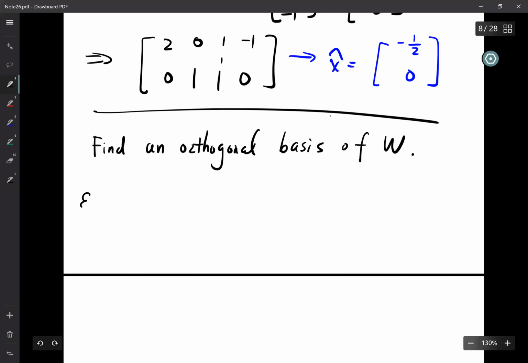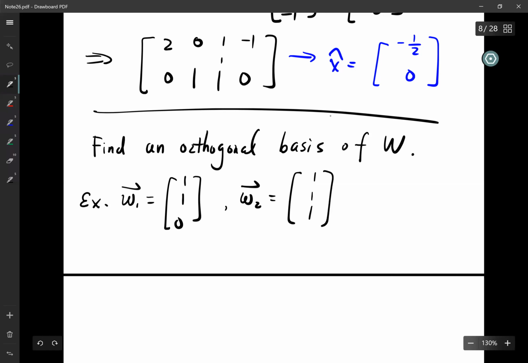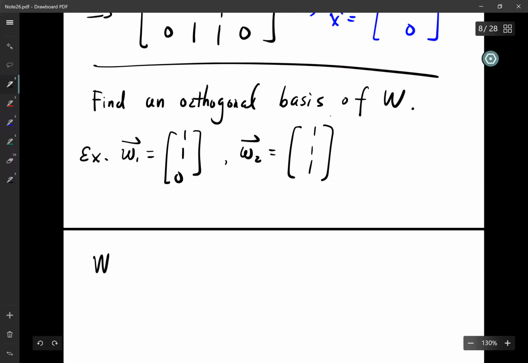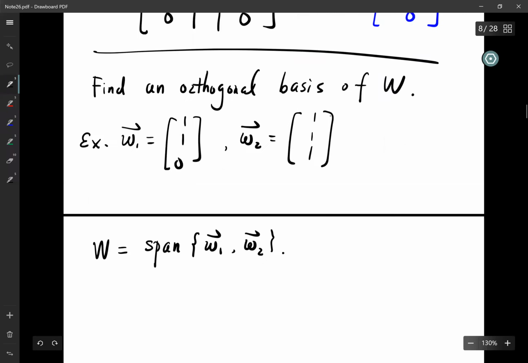So let's start with an example. W1 is 1, 1, 0, W2 is 1, 1, 1, and W is the span of these. We've talked about this before, but let's just do it again.